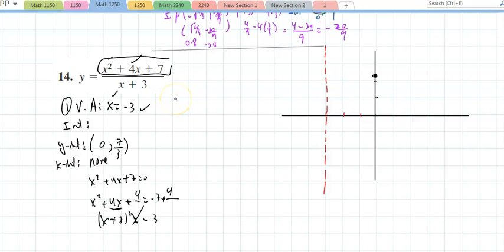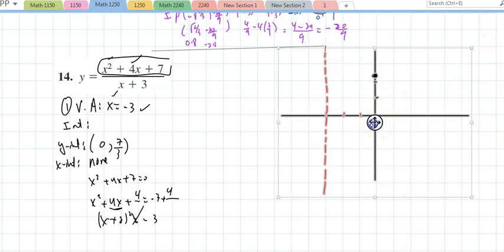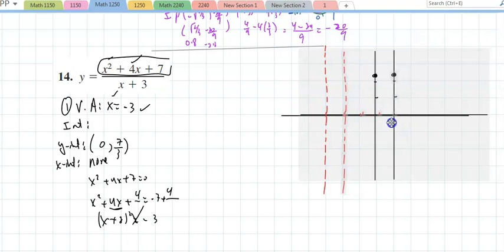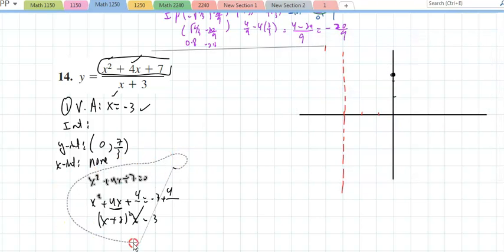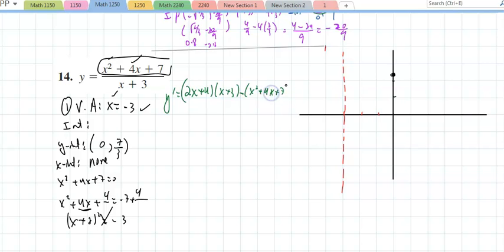Now what? First derivative test is not going to be as simple as before, but it's okay. We could handle it. Let's go with the first derivative test. If I take y prime, that is derivative of the top times the denominator, minus the top times derivative of the denominator, all over the denominator squared.